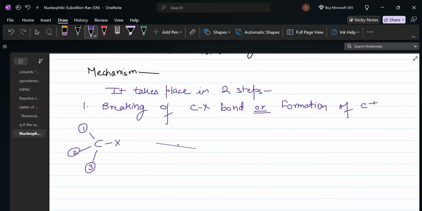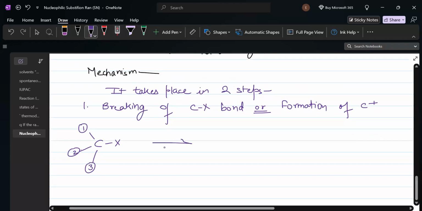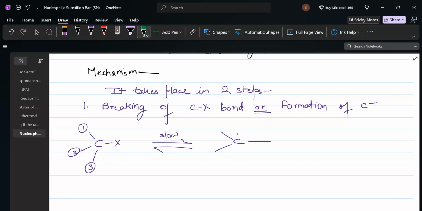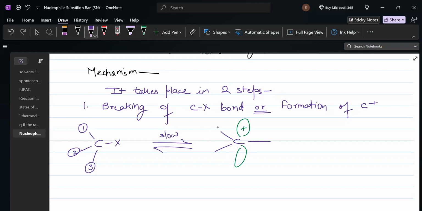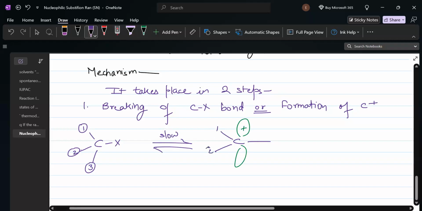So let's draw the equilibrium reaction, which is a slow step, and equilibrium reactions are slow steps. So what is happening? This carbocation is formed. We have drawn this. This carbocation is sp2 hybridized.